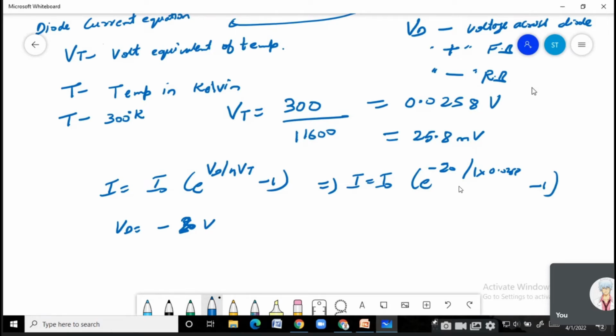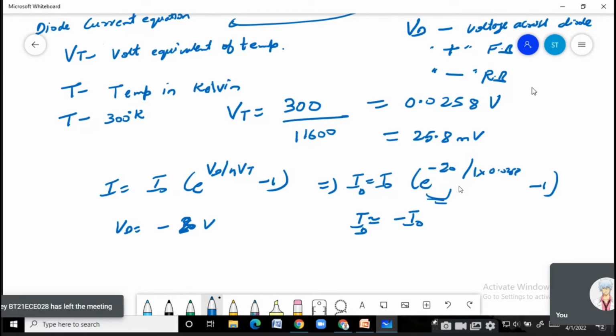So this term has a negative power. When you solve for it, it will be very negligible as compared to the 1 over here. In that case, I is approximately equal to minus I naught. I or ID, whatever we put, the diode current, ID is equal to minus I naught.